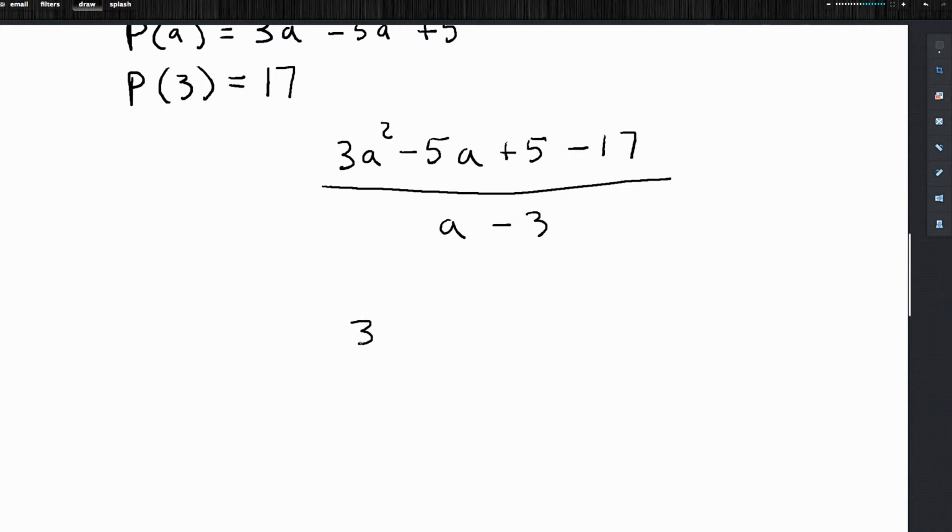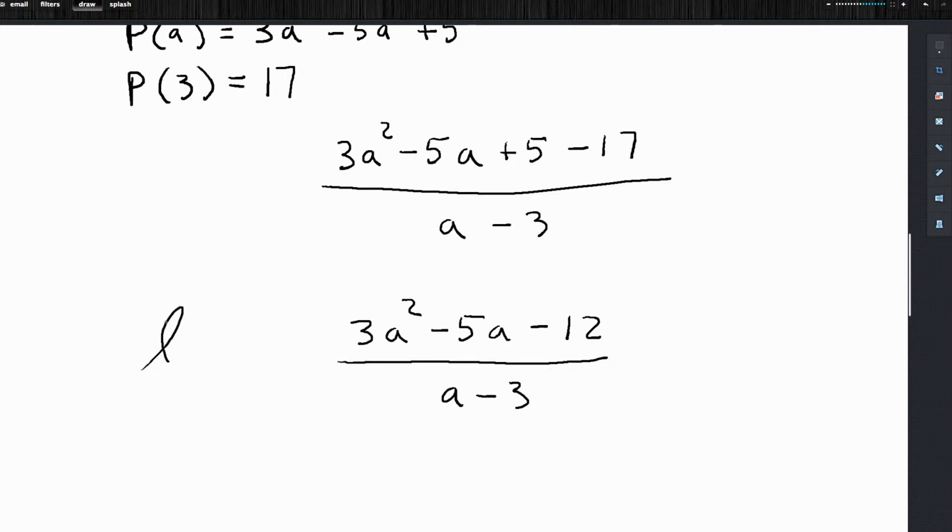So it's 3a squared minus 5a plus, oh, it's actually, I'm sorry, this is going to be minus 12, right? Okay. So it's going to be minus 12 now, all over a minus 3, and we'd like to know what the limit as a approaches 3 of this is.